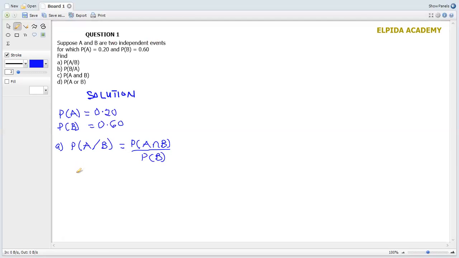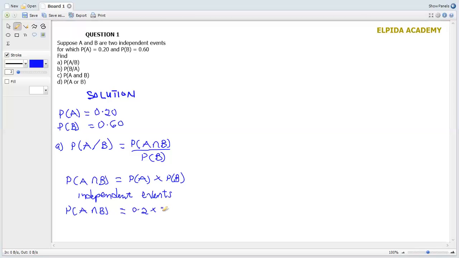So for independent events, the probability of A intersection B equals the probability of A times the probability of B. So P of A intersection B will give us 0.2 times 0.6, and this gives us 0.12.